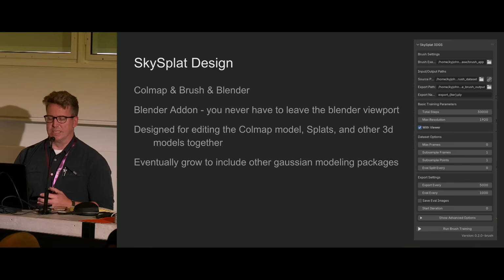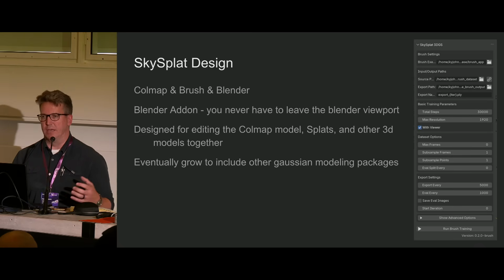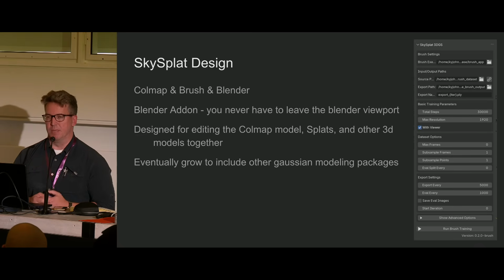It's really designed, in a 3D sandbox, to have one spot where you can edit the COLMAP model, where you can edit the splats, where you can have other 3D assets and 3D objects and 3D meshes in your scene, and you can do all of this in one spot. One of the big problems with custom-made Gaussian splatting software is you can do some editing on the Gaussian splatting, but then it's really hard to bring in other assets.